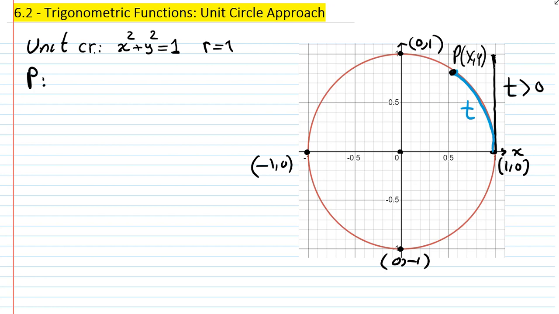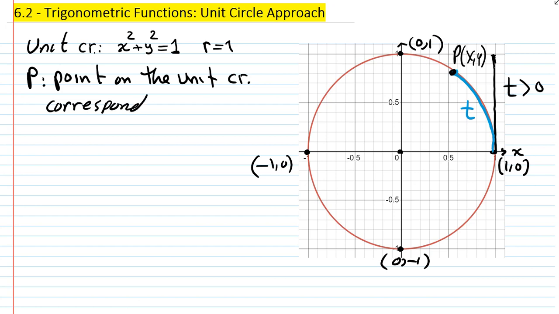Let me write that. So here, P is a point on the unit circle corresponding to t, the real number t.